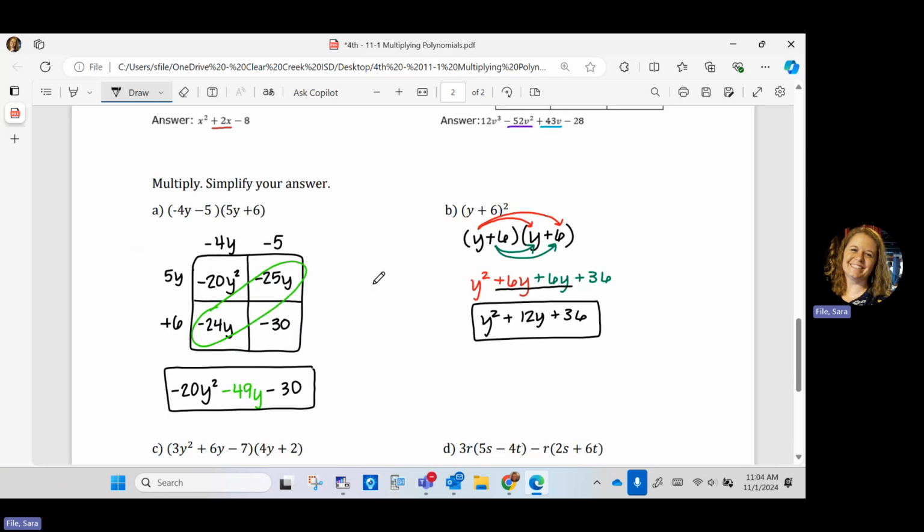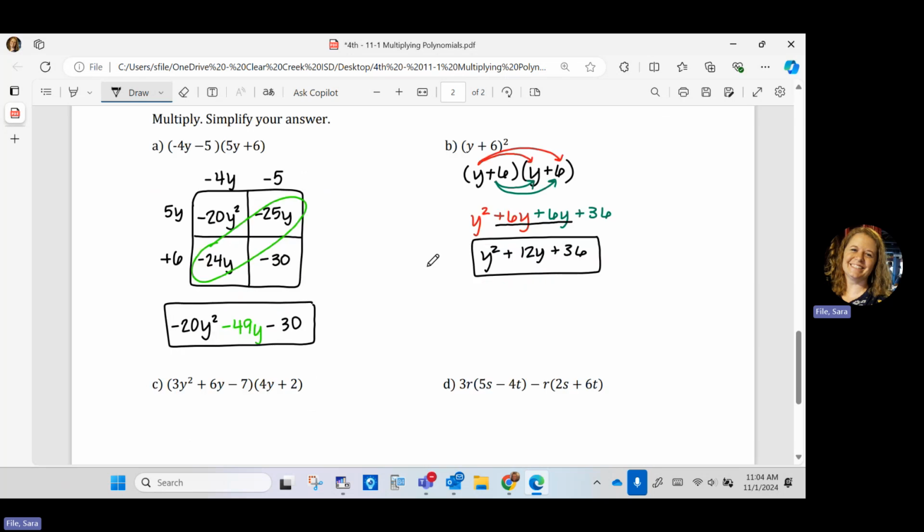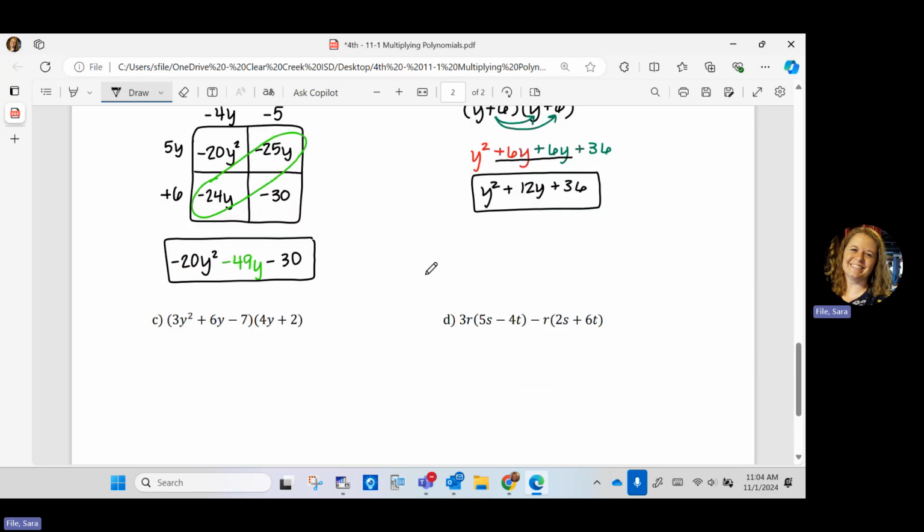So you can decide, do I like the box method? Do I like showing the arrows and distributing and then combining like terms? It's totally your preference. Both of these will work to get you the same answer as long as you do them correctly. I think it's a good way to organize your work in a box when you're dealing with larger polynomials to make sure everything gets multiplied. So in C, we've got a trinomial times a binomial, so it's going to be a 3 by 2.